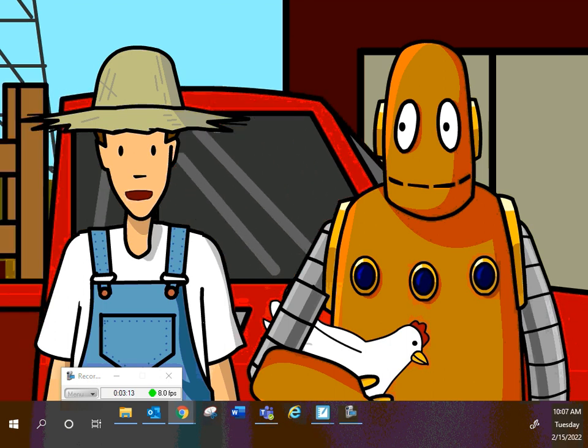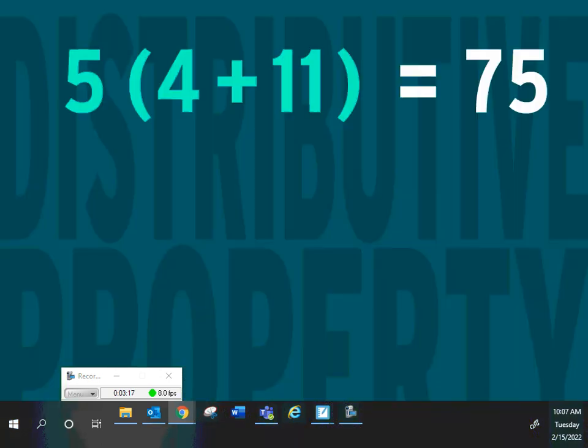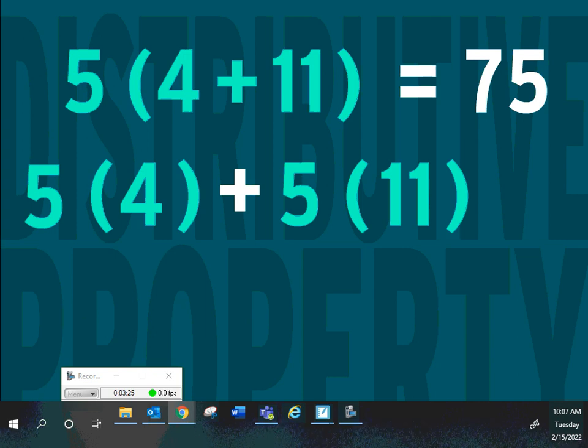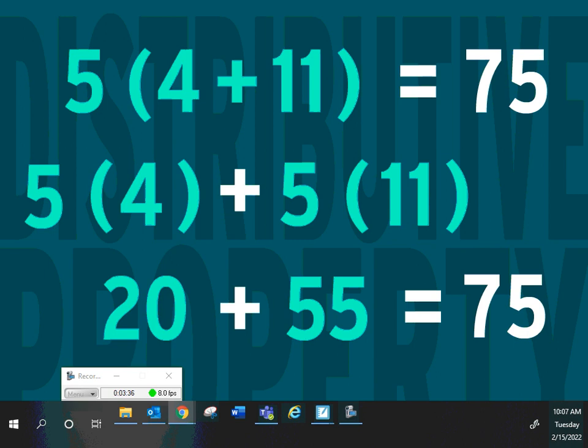But say you don't have a calculator handy. According to the distributive property, 5 times the quantity of 4 plus 11 is the same thing as 5 times 4 plus 5 times 11. This makes it much easier. 5 times 4 is 20, and 5 times 11 is 55, and 20 plus 55 equals 75. So both methods get us 75 as the answer.